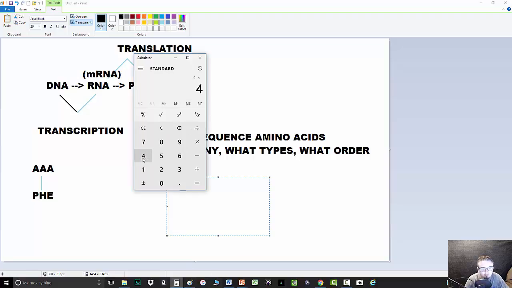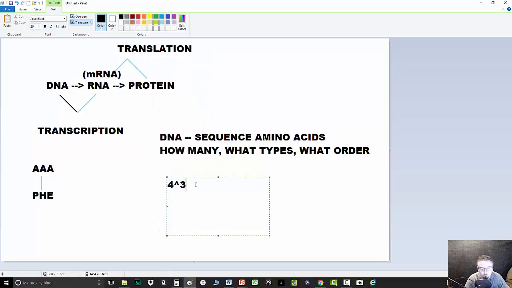If we take 4 to the 3rd power, which is 4 times 4 times 4, we get 64. So we have a limited number of possibilities, which is 64. However, if you remember, we have only 20 amino acids. So we actually have more possibilities than we have amino acids.